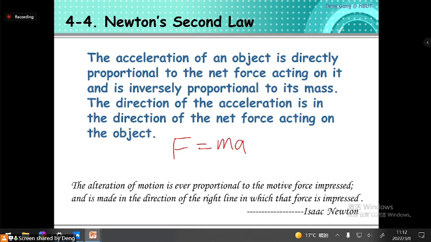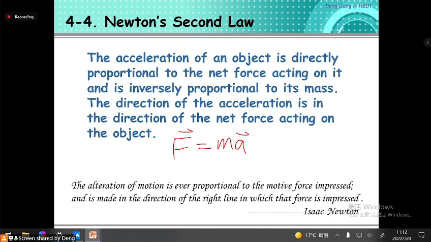If we write this equation in vector form, we can put an arrow on the force and an arrow on the acceleration. m is a constant for a specific body, so they should have the same direction. But this equation actually is not the original form of Newton's second law.